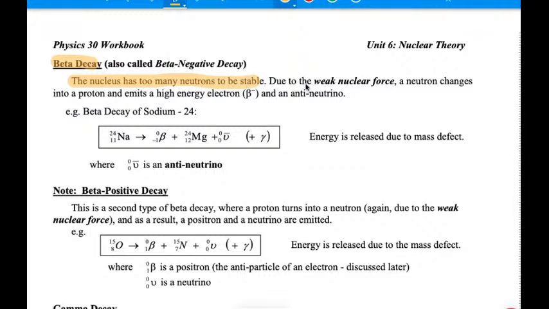to be stable. Due to the weak nuclear force, this is a bit of an extension past the Alberta curriculum. You just need to know that this is what causes neutrons to change into protons. So weak nuclear force will always be responsible for changing neutrons into protons. And if you are curious about weak nuclear force, as it is one of our 4 fundamental forces, I've attached some nice videos from our favorite crash course guy on weak nuclear force as well as strong nuclear force.